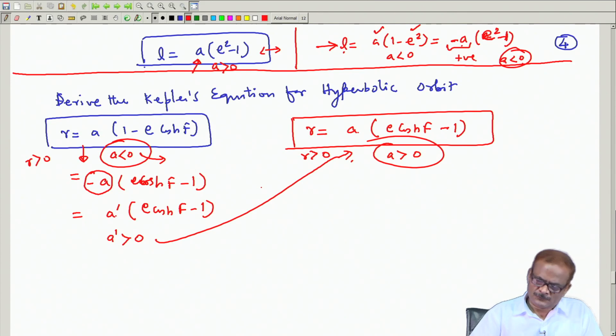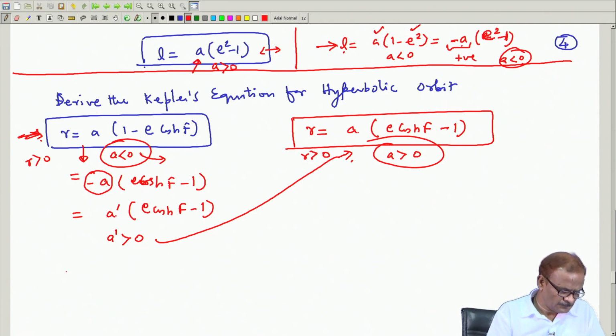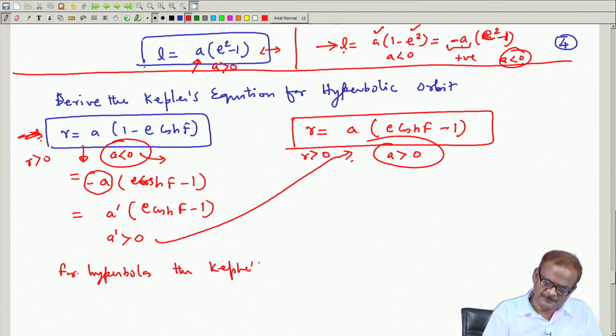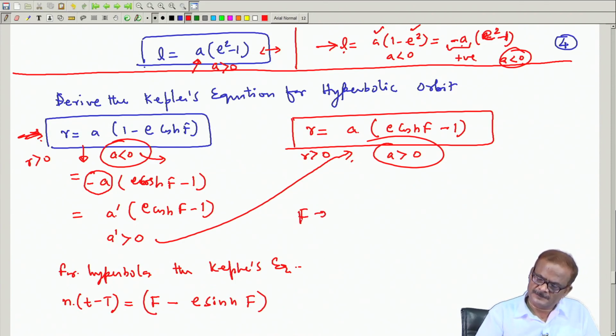Okay. So, we are going to use this equation, and what we have to prove is that for the hyperbola the Kepler's equation can be written as n times t minus tau equals e sin hyperbolic f minus f, where f is, just like we have the eccentric anomaly for ellipse, the eccentric anomaly for hyperbola.